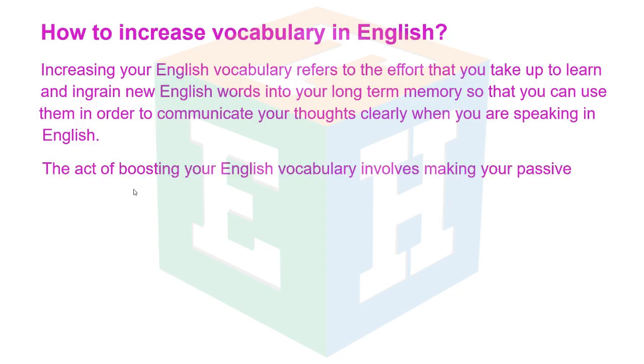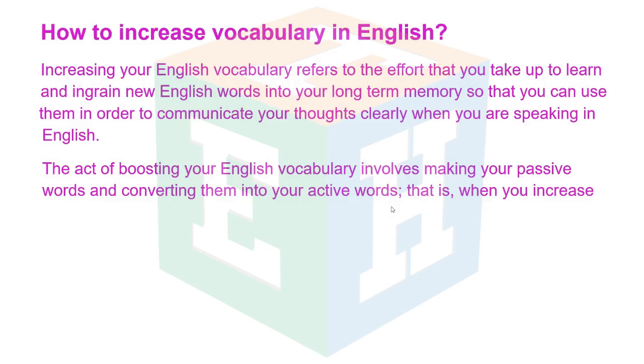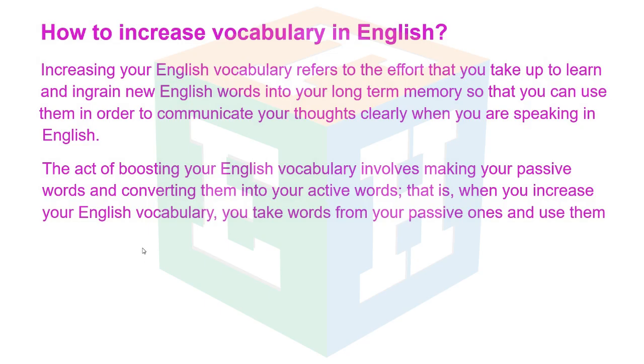The act of boosting your English vocabulary involves taking your passive words and converting them into your active words. That is, when you increase your English vocabulary, you take words from your passive ones and use them in your discourses, making them your active words.